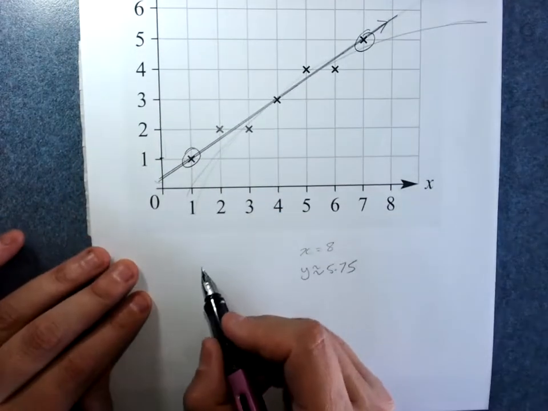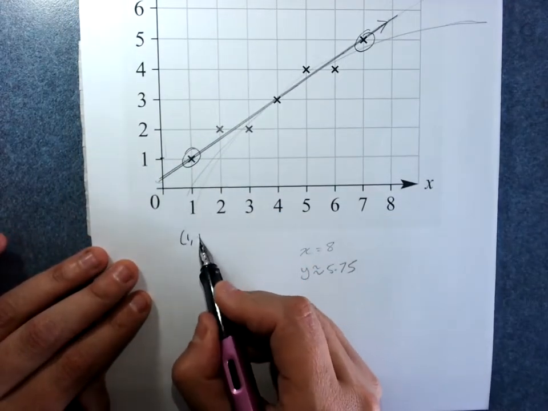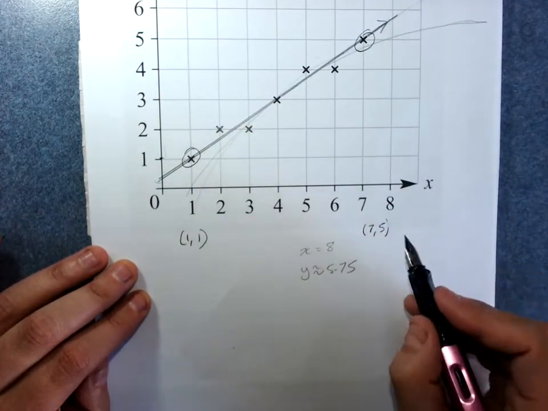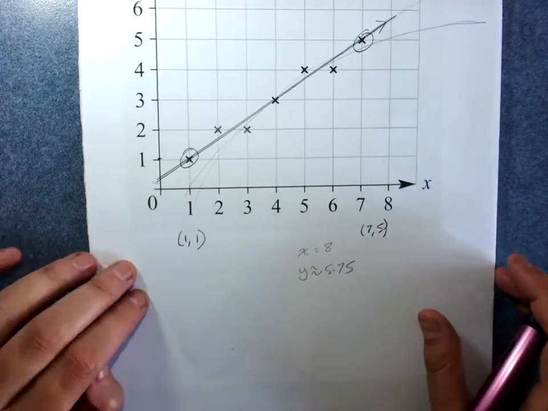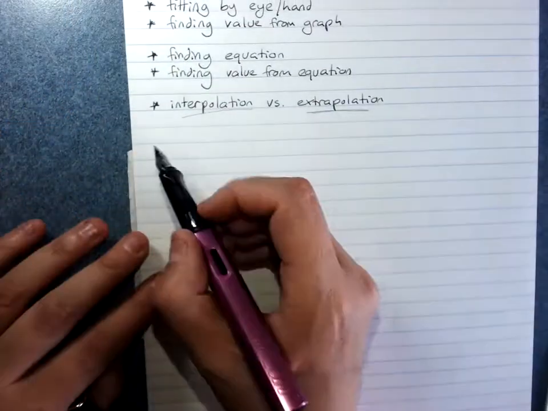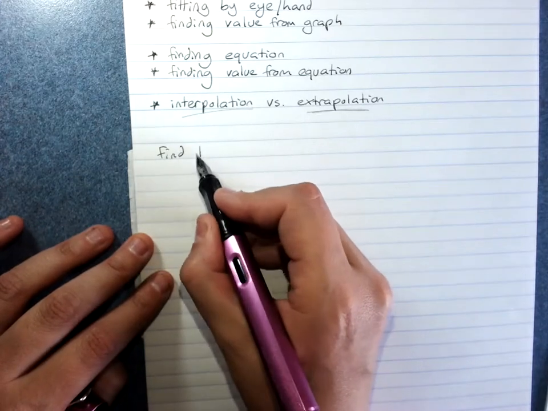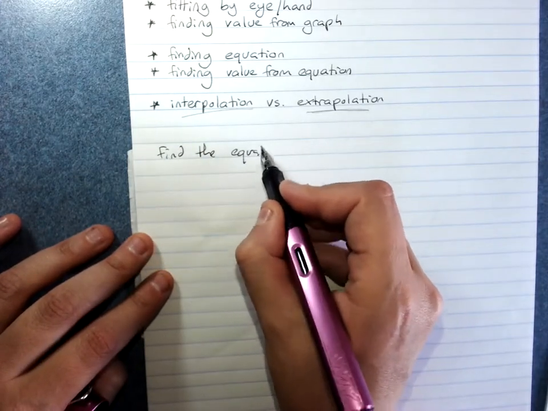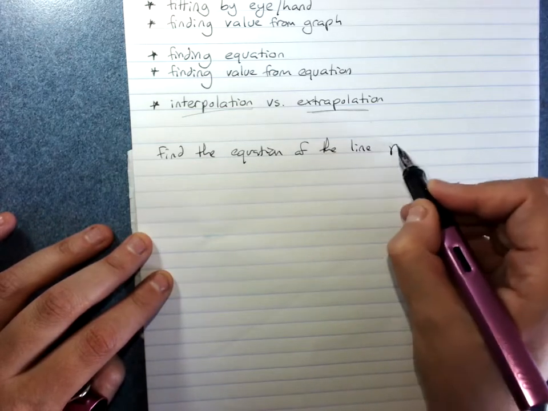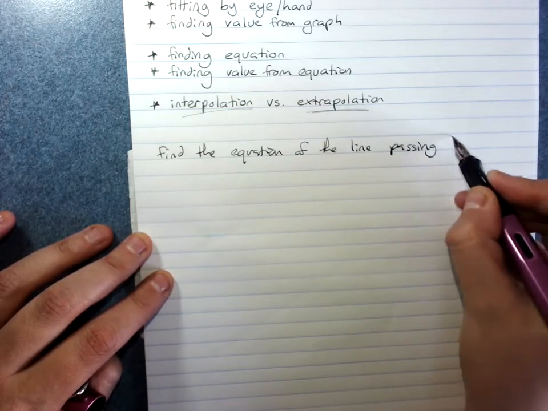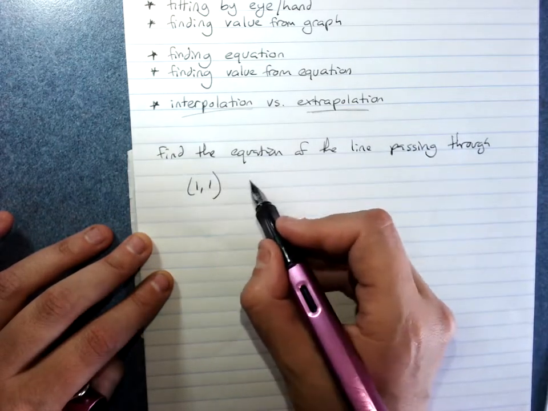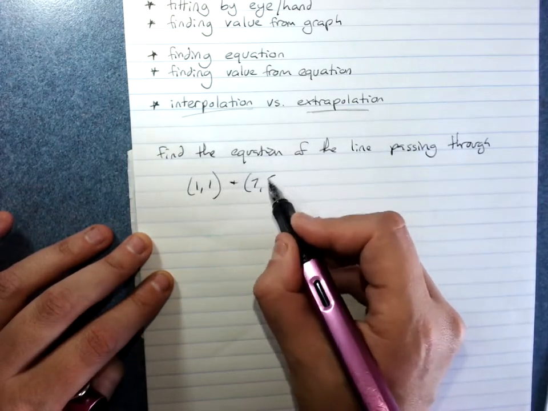So I have the points (1, 1) and (7, 5), and we do need to be able to find the equation of that line of best fit. So find the equation of the line passing through points (1, 1) and (7, 5).